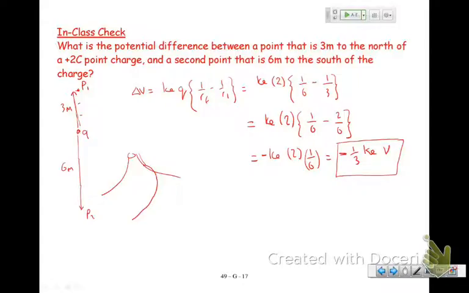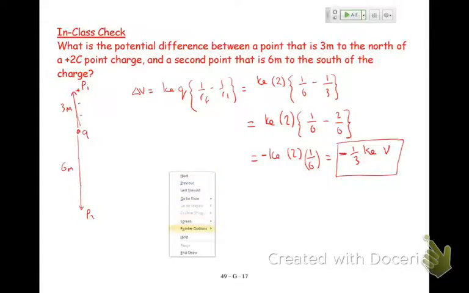Now, fair warning, I can mess with you. So let's change colors on this so you know it's not the same question.